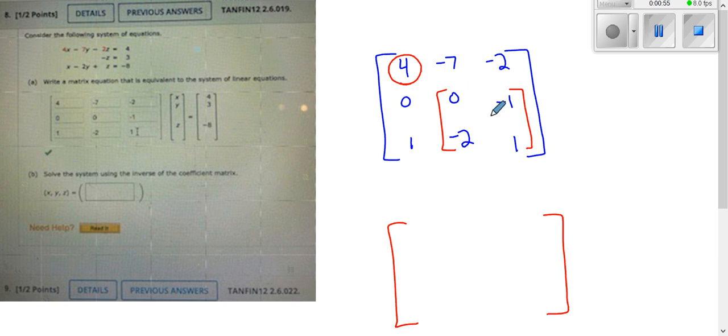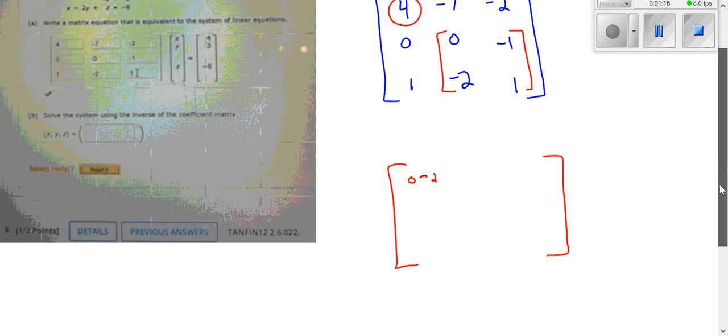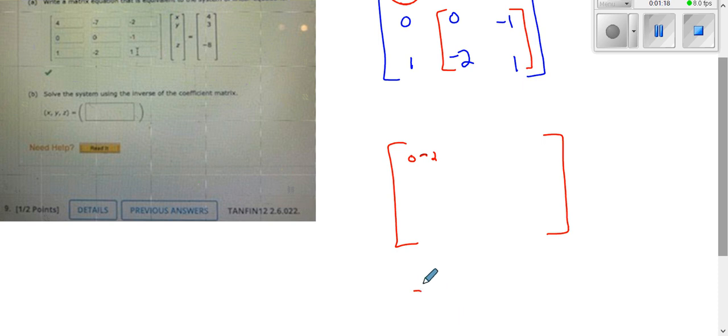Now we go 0 times 1 is 0, and then I think it's minus, so 0 times 1 is 0. Negative 1 times negative 2 is a positive 2, so minus 2. Okay, 0 minus 2 is what's going to end up going in that spot right there, so 0 minus 2 is negative 2.